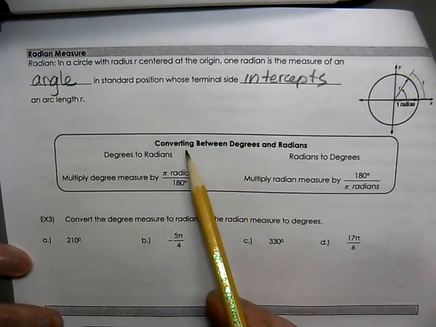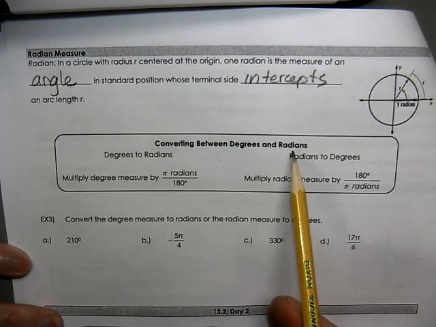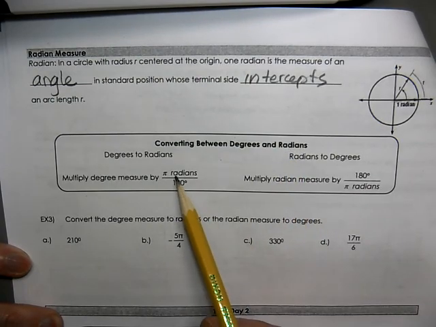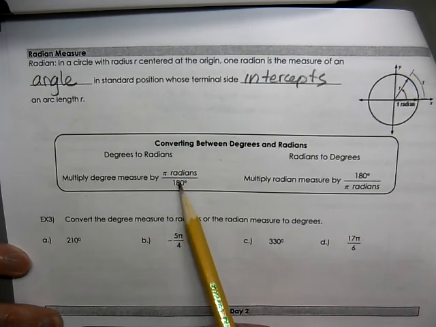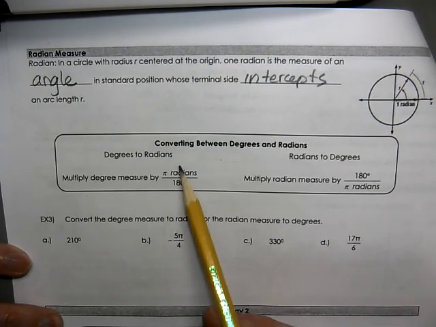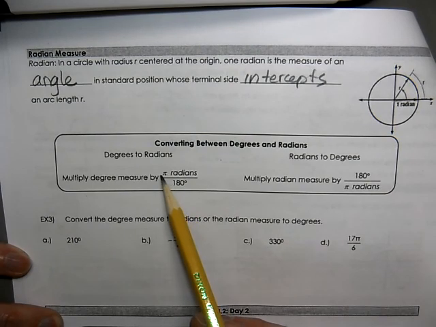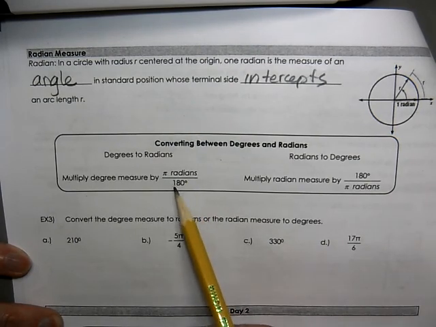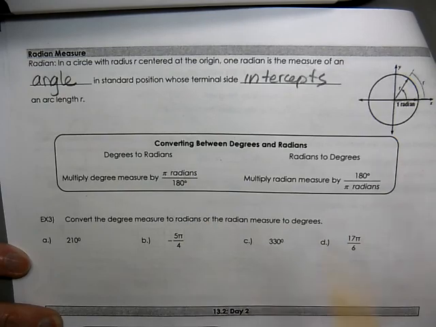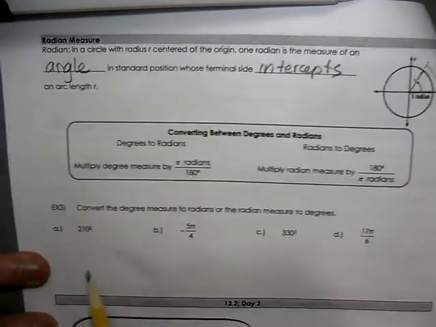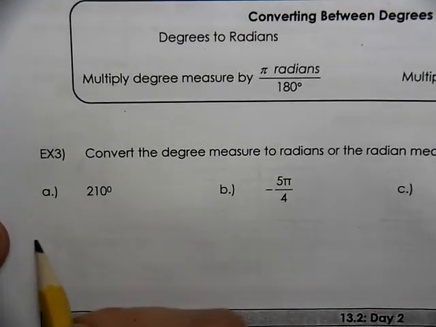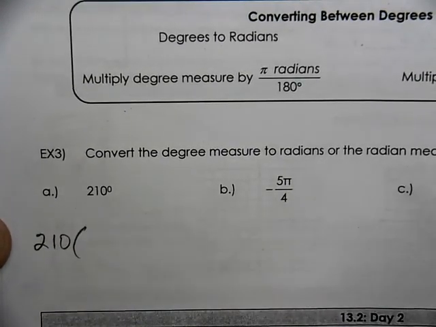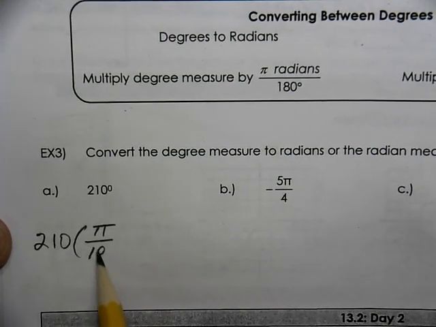Well, we're going to be converting from degree to radian. So there's 2 ratios that we can use. Notice that they're both dealing with pi and 180 because that's a value of 1 to each other, because pi, 3.14, is the same thing as 180 when we're talking about the radian measure. So if we want to convert 210 into radian, we put radian on top, put the pi on top, put the angle on bottom.